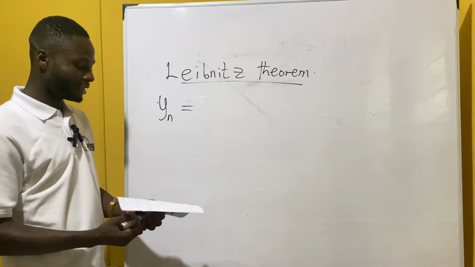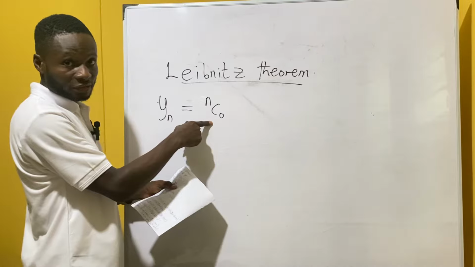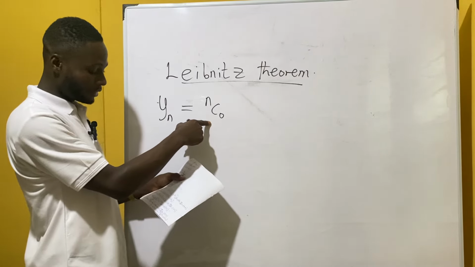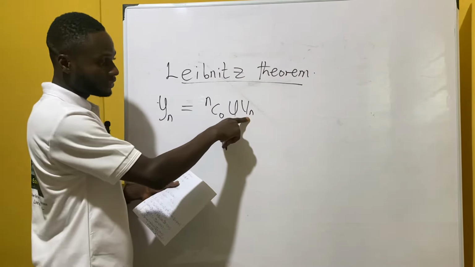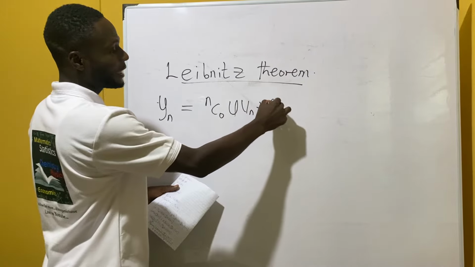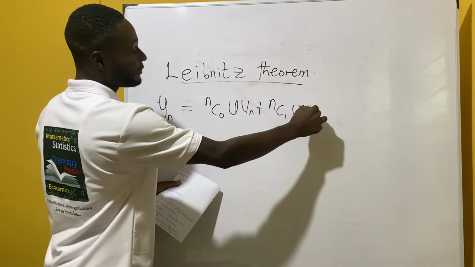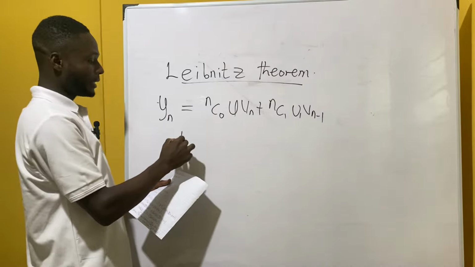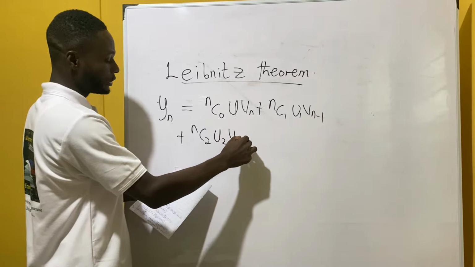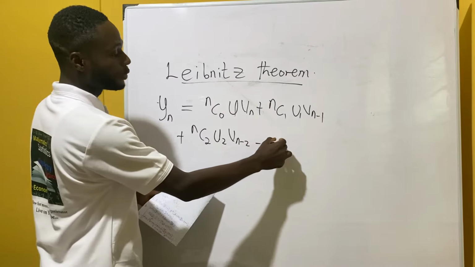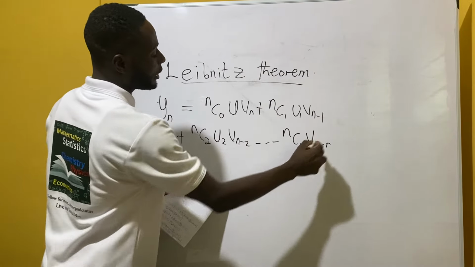So his theorem says that the nth derivative of uv is the combination n choose 0, which you know will be 1, multiplied by the first function times the second function's nth derivative, u v_n, plus n choose 1, u_1 v_(n-1), plus n choose 2, u_2 v_(n-2), and so on up to n choose r, u_r v_(n-r).